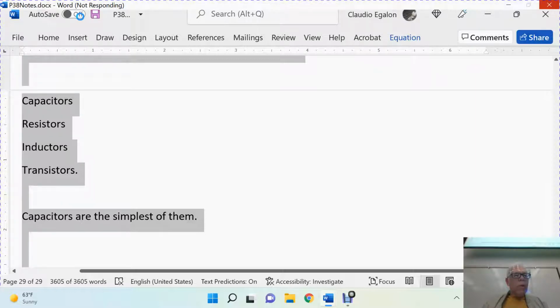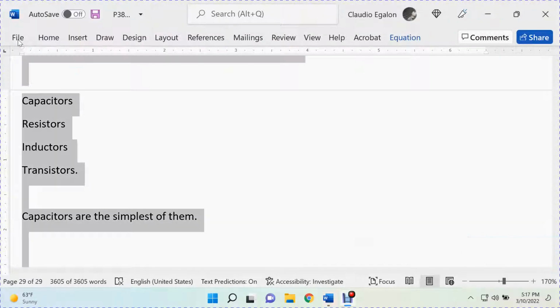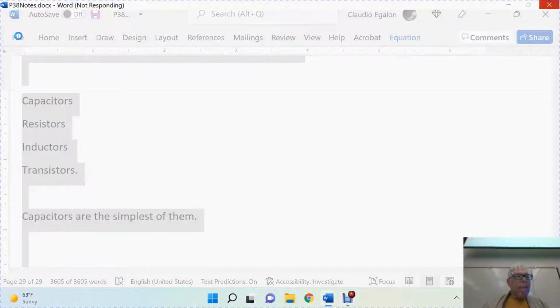Let me pause my... Why is it doing that? It was not doing that before, right? Why is it doing it now?